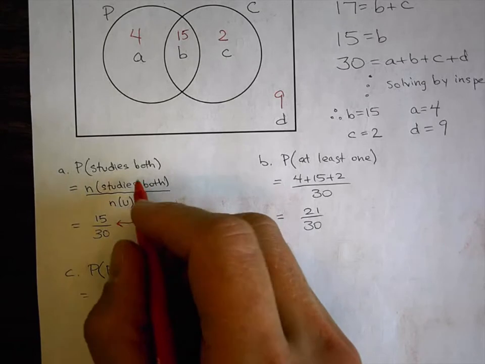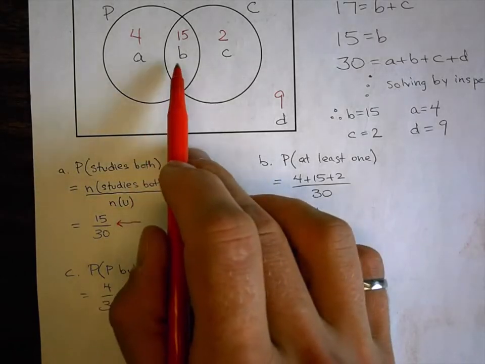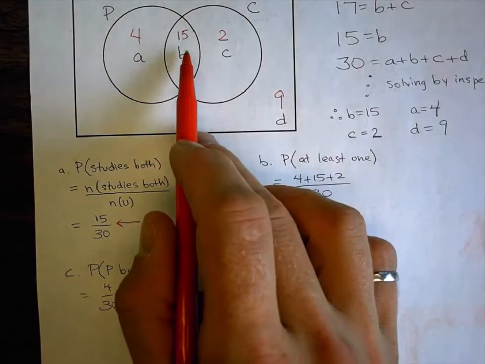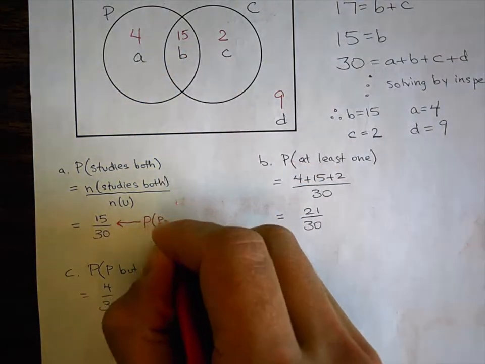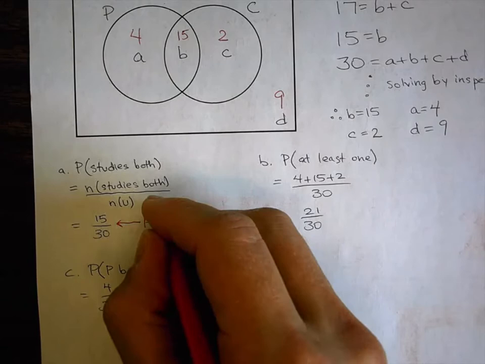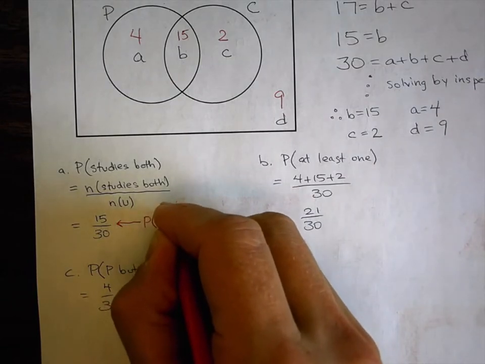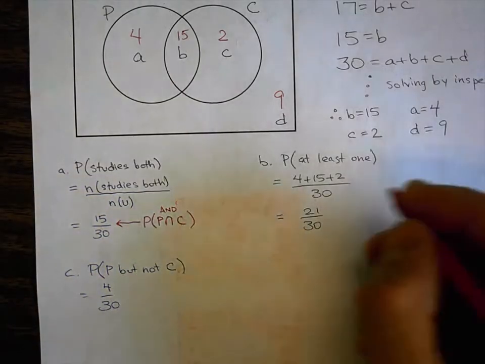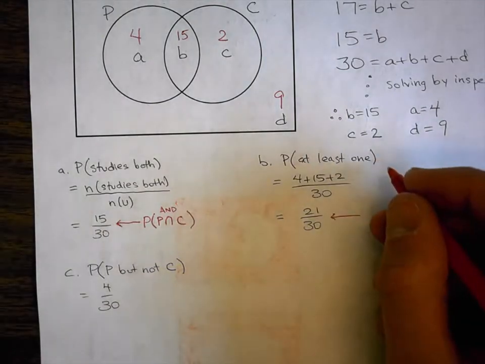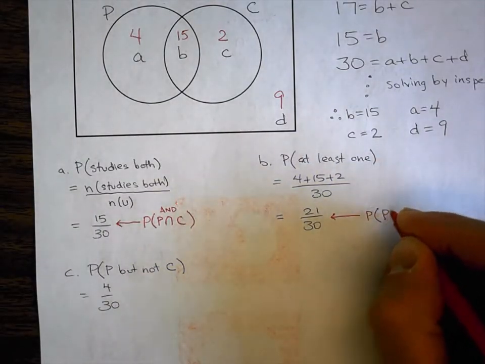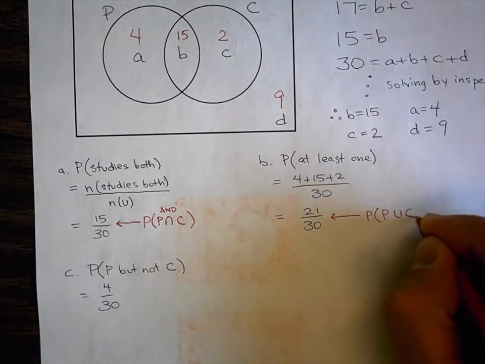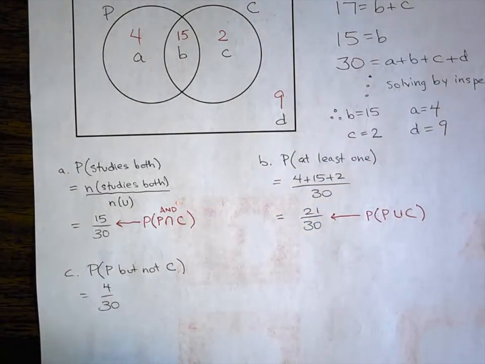This is the probability that you study both. So that would be just these guys here. That's the intersection. So this would be the probability of P intersect C. This one was the students that study at least one. So they study physics or chemistry or both. So that's a union of physics and chemistry.